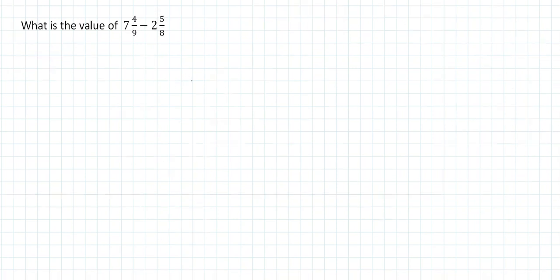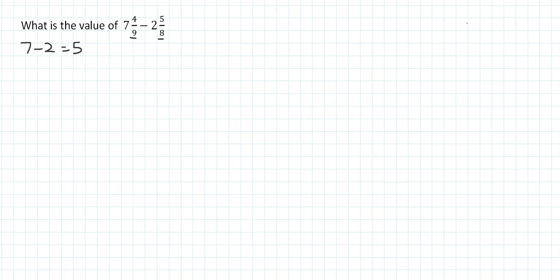Another example, what is the value of 7, 4 over 9 minus 2, 5 over 8? First step, 7 minus 2 is going to give us 5. And now we have 9 and 8 as our denominators.